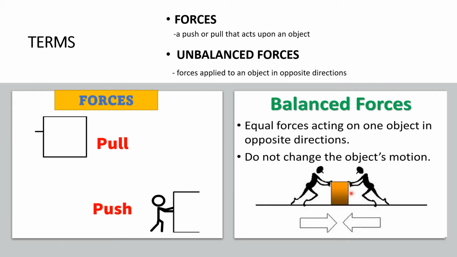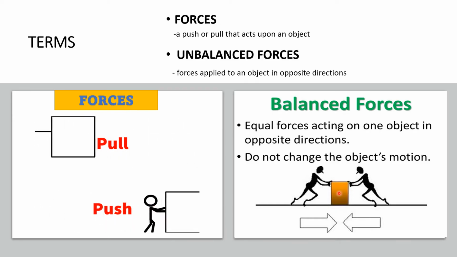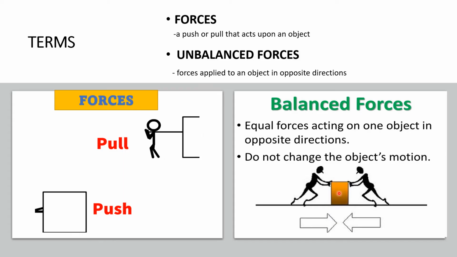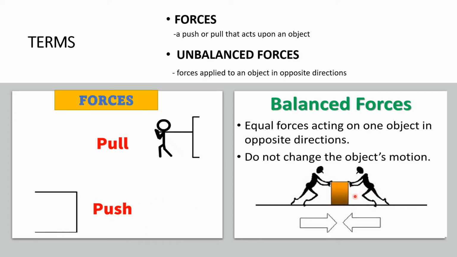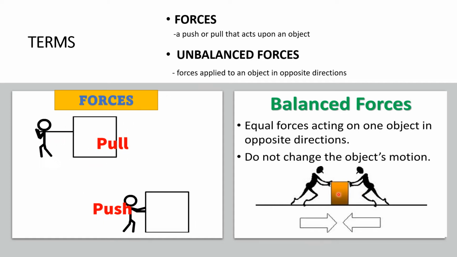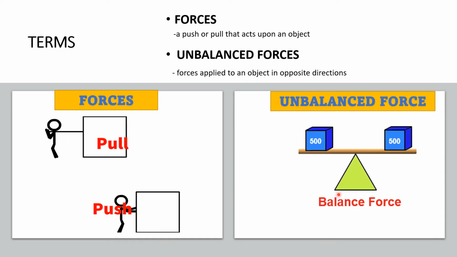But if you push the object on a table, that object will move, and then there is unbalanced force. That is the force that you applied to the object. The force on this right side is greater because you pushed it, so it will move. So, that is unbalanced.